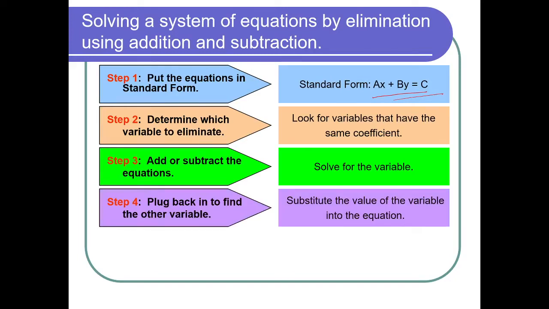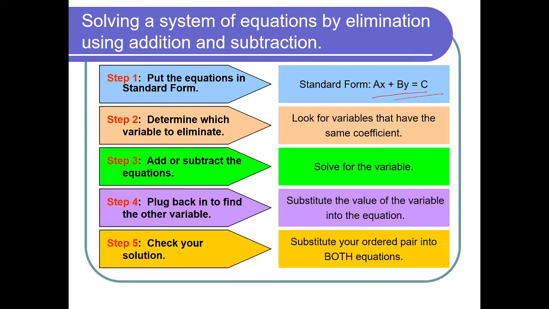Step number 4. Plug back, meaning substitute the variable that you have solved to the two equations. If you have solved x, then you substitute x over equation 1 or 2, solve for y, just like what we did over substitution method. Okay? Step number 5, you do the checking. You know how to do the checking already.